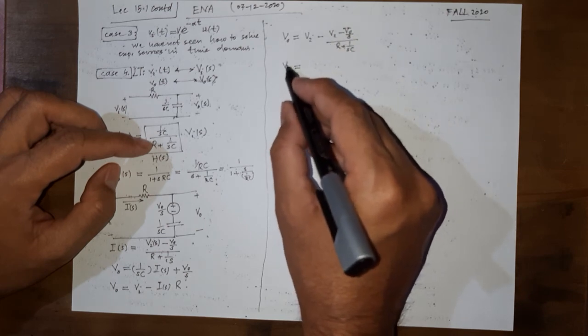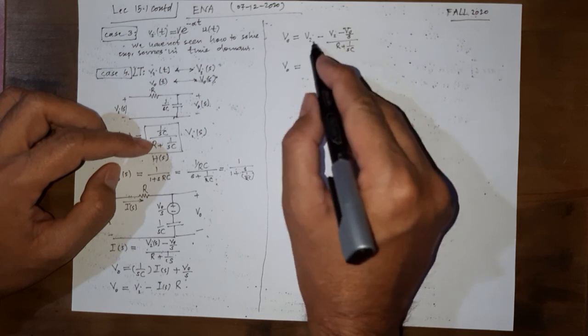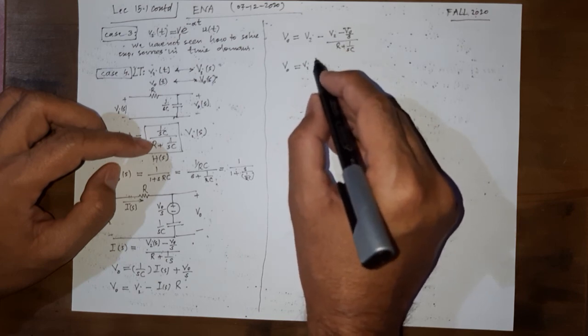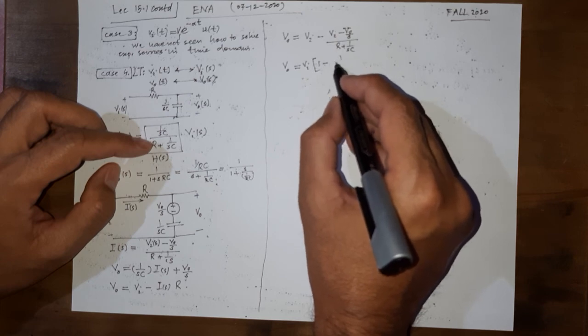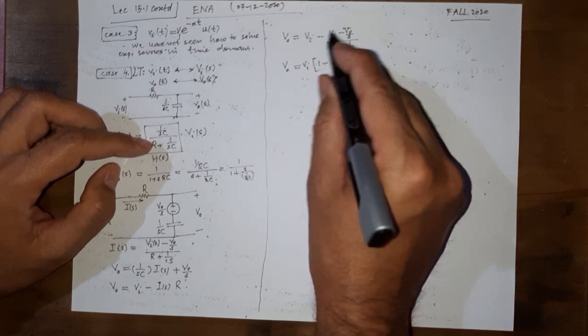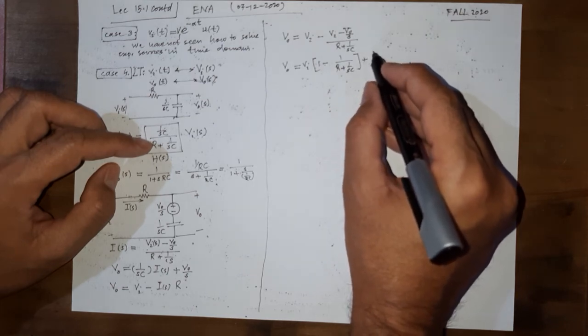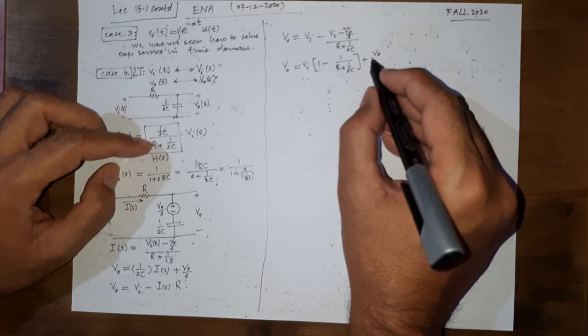So the Laplace transform of the output voltage would be equal to, we have Vi here as well, so we take Vi common in both, 1 minus 1 over R plus 1 over Sc, and then minus minus plus, we get V naught over this.